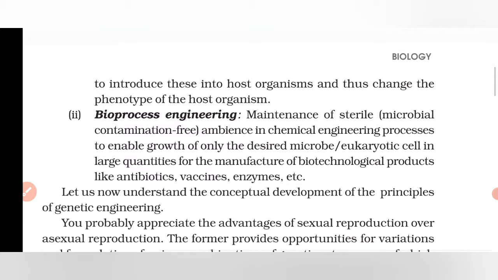Second process is bioprocess engineering. That means maintenance of sterile, contamination-free ambience in chemical engineering process to enable the growth of only desired microbe or eukaryotic cell in large quantities for manufacturing of biotechnological products like antibiotics, vaccines, enzymes, etc. आपने देखा होगा कि आप जब खाना बनाते हैं किचन में, तब we keep the kitchen very clean, and sometimes some people wear gloves and cover their head so that the hair doesn't fall.